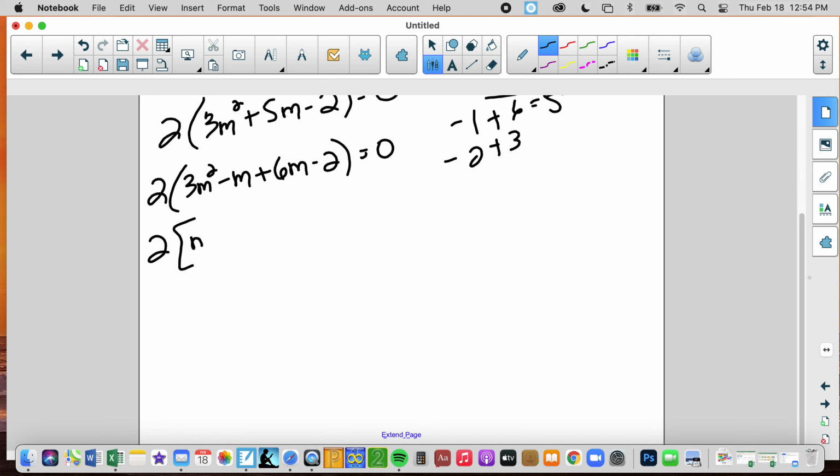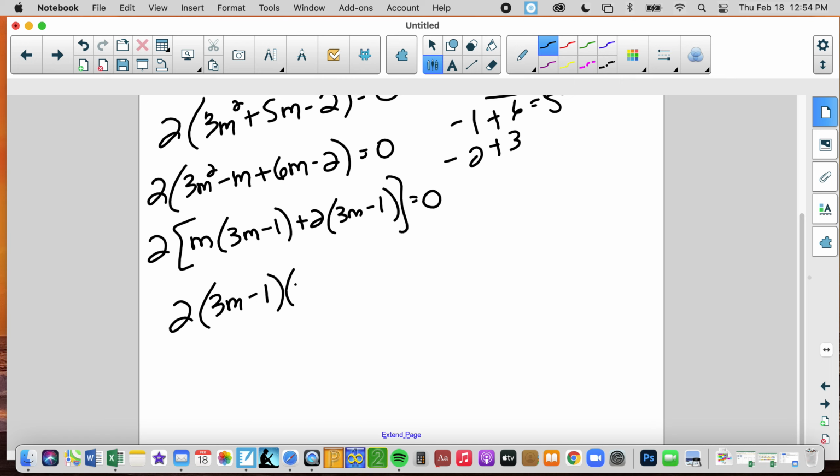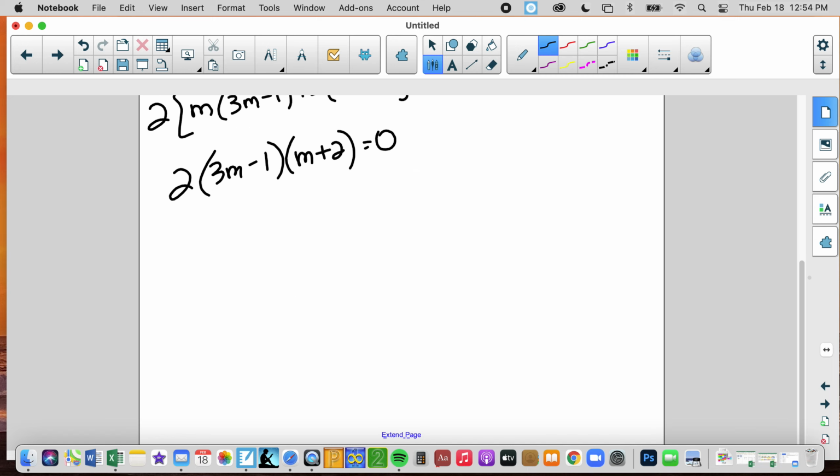Let's factor an m out of those first 2. We get 3m minus 1. We'll factor out a positive 2, which gives me 3m minus 1. And I get 2 times the quantity 3m minus 1, m plus 2 equals 0. 2 can't equal 0. 3m minus 1 equals 0.